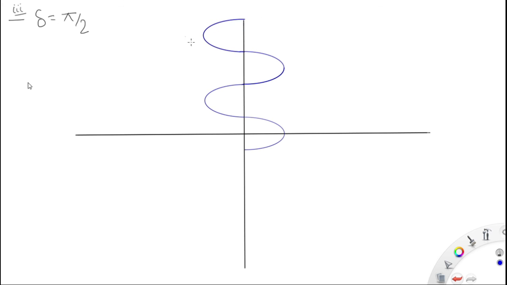Now when phase difference is equal to 90 degrees, the curve formed will be like this. So this is the 90 degree case.